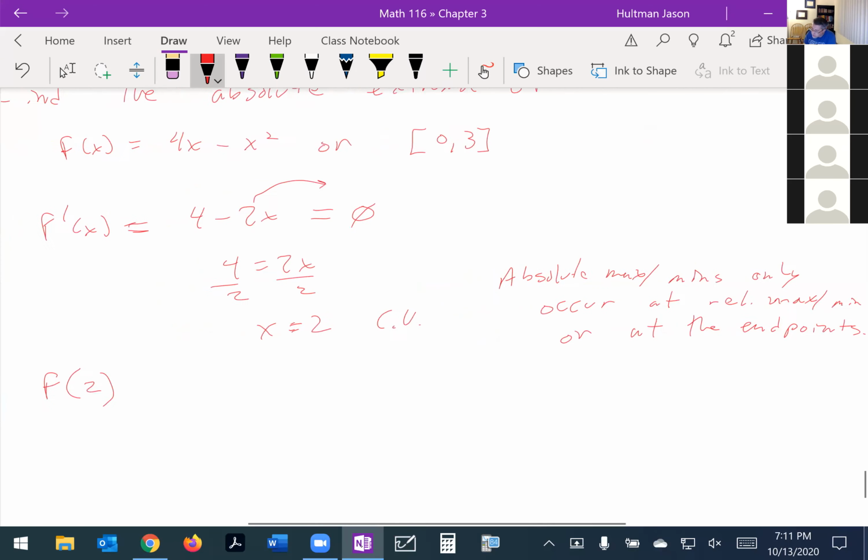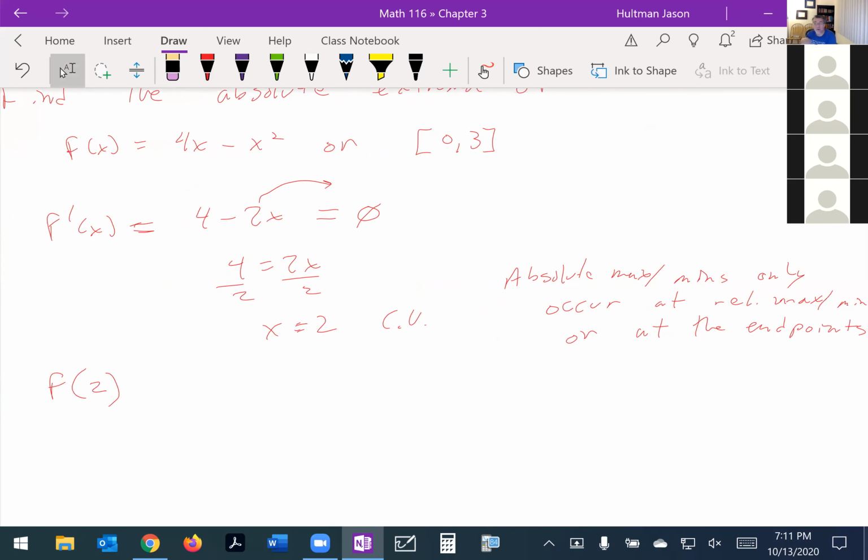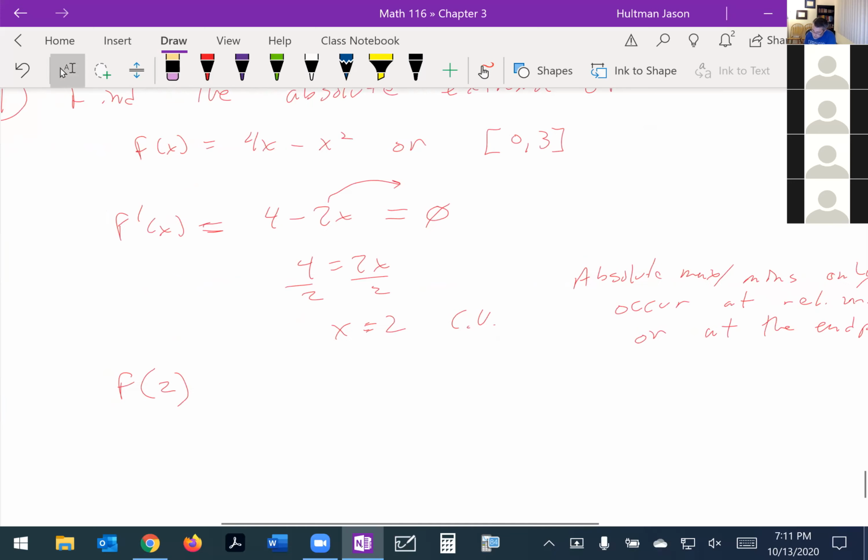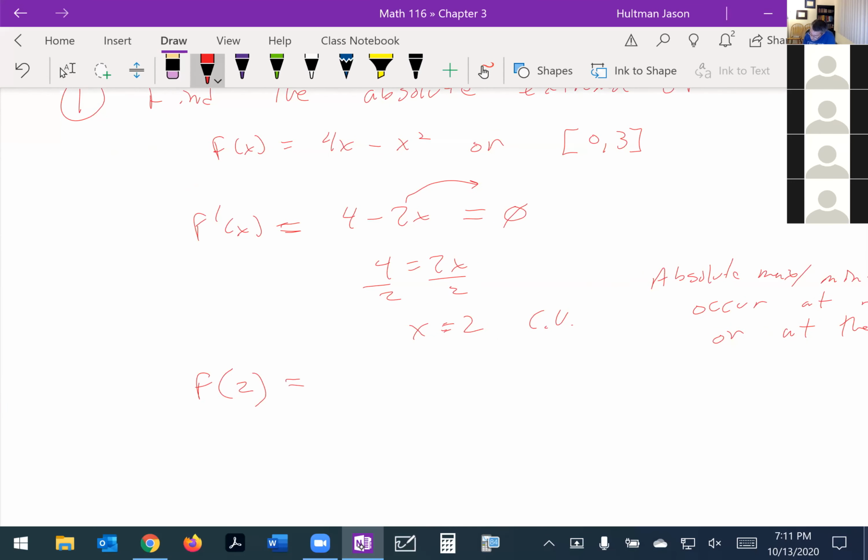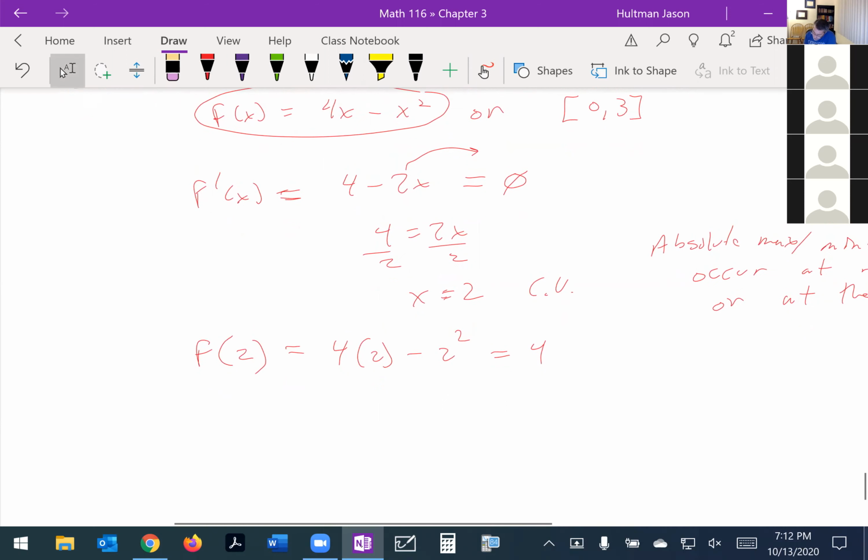So if I plug in f of 2, what do I get? The original function was 4 times x minus x squared, so this is going to be 8 minus 4, which is 4. Nice.